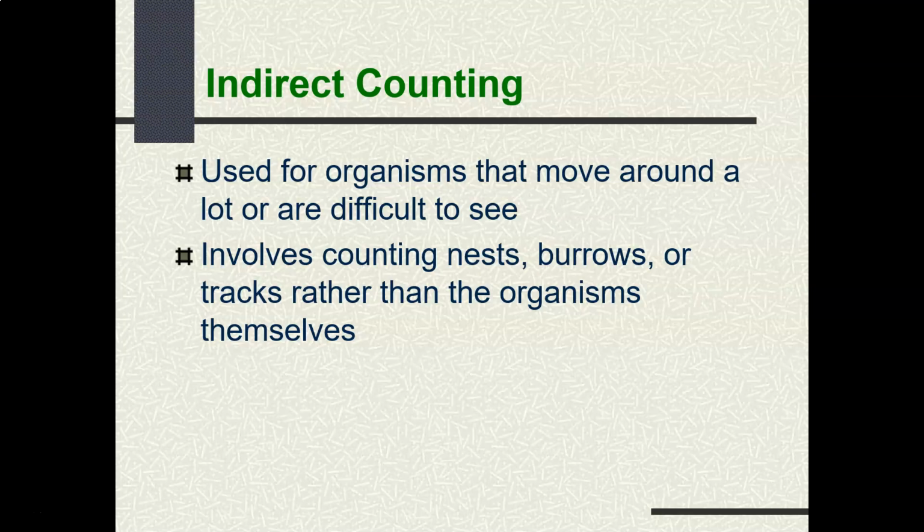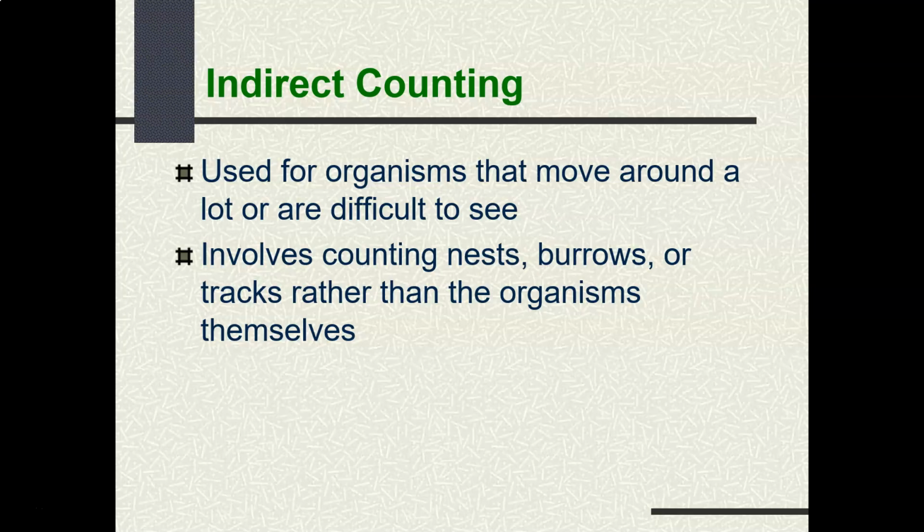Again, not going to be a perfect system because you may be counting tracks that are left by the same organism more than once, right? And so you really do also need to have some basic understanding of the organism that you're studying in order to do this. What do their nests look like? What do their burrows look like? You don't know how long that nest has been sitting there, right?